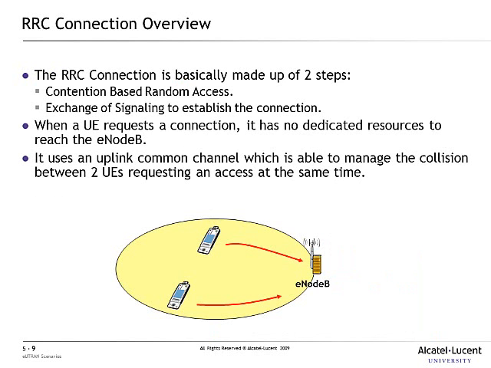So there are two processes associated with the RRC connection setup. The first step is a contention-based process, a random access process, just like in GSM and in 3G.